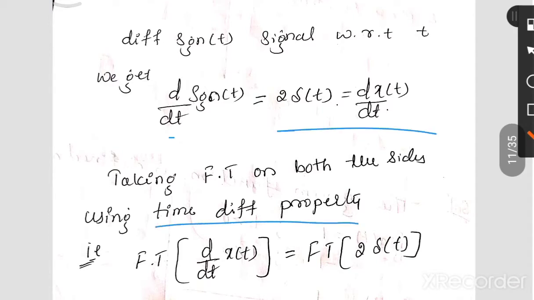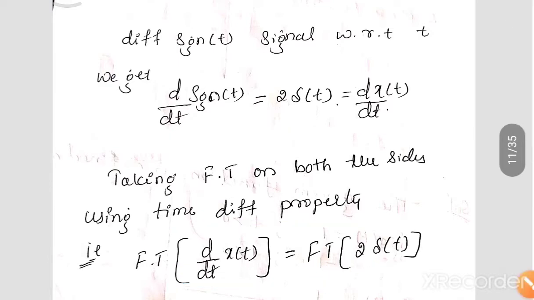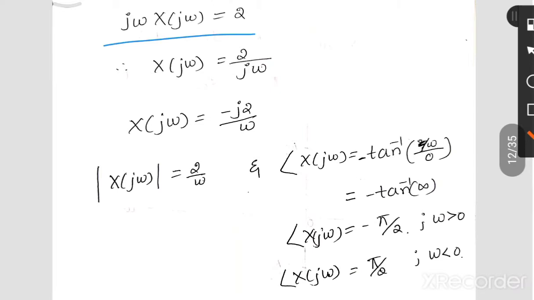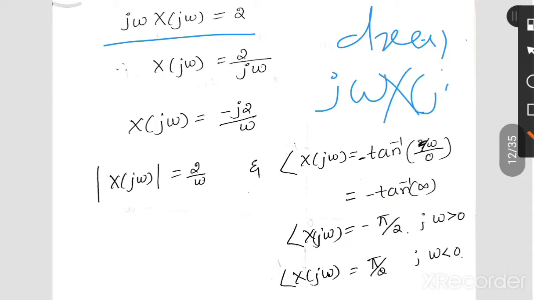What is the Fourier transform of the differentiated function of x of t? It will be j omega into x of j omega.